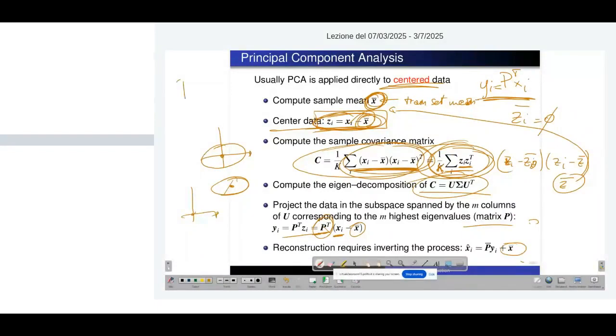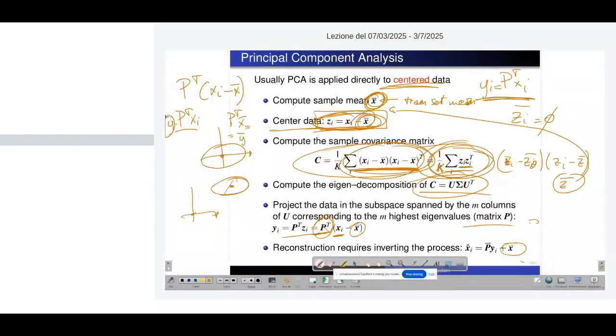And in any case, remember that if I want to compute this, and I have this value for the training set, remember the B transpose X mean is equal to what? Is equal to the mean of the elements Y. So if I project all my samples without recentering them, I can always recenter the projected sample and obtain the same thing that I would have obtained if I had centered the original data.